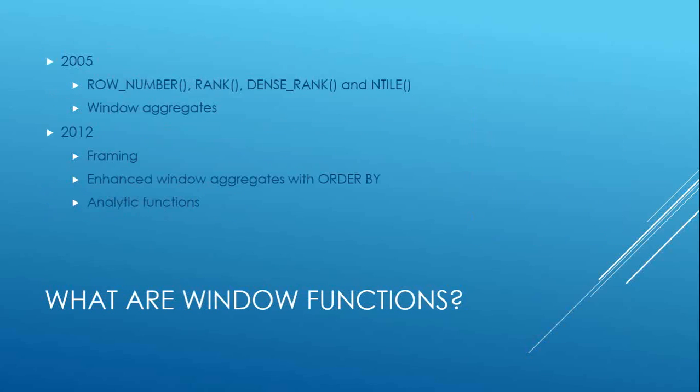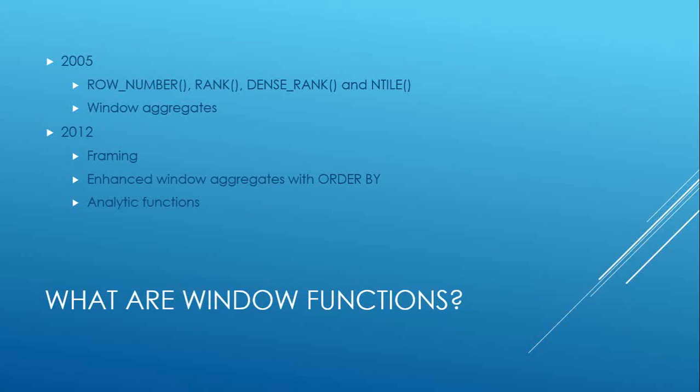In 2005, we were given the ranking functions: ROW_NUMBER, RANK, DENSE_RANK, and NTILE, and many of you are using ROW_NUMBER and may not even know that it's a window function. I really hadn't been familiar with this term until a couple of years ago, and I've been using row numbers since it came out, and I love it.